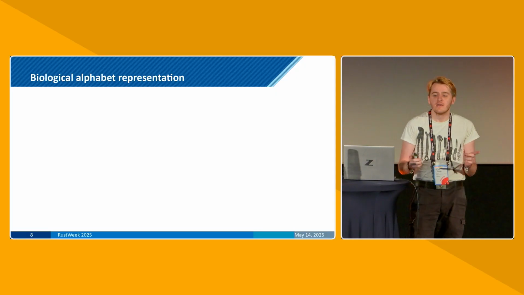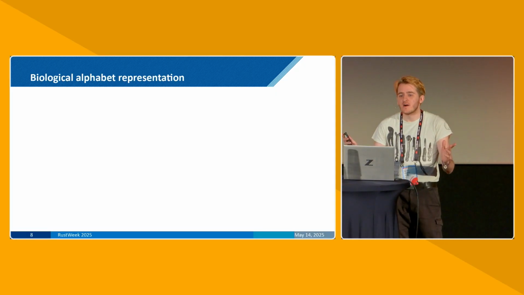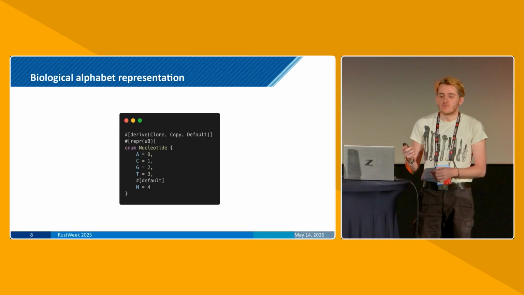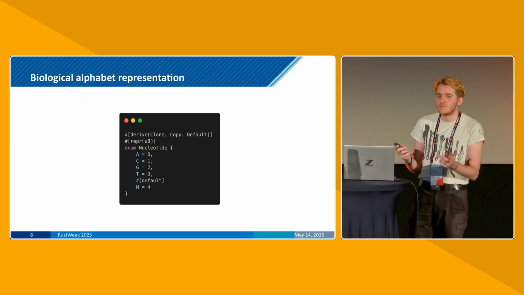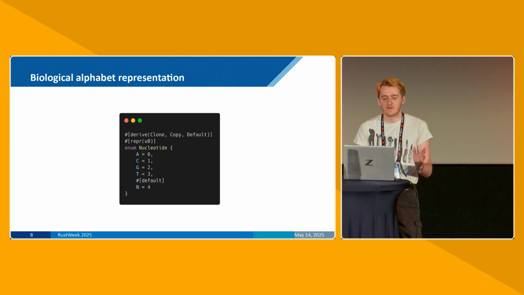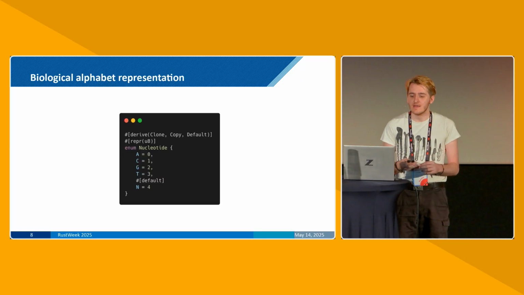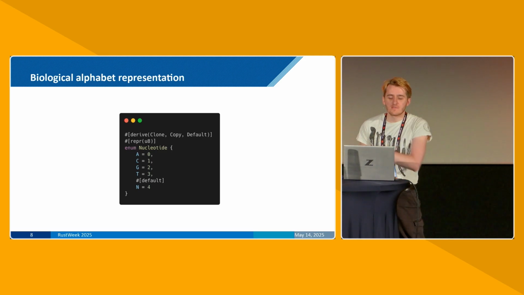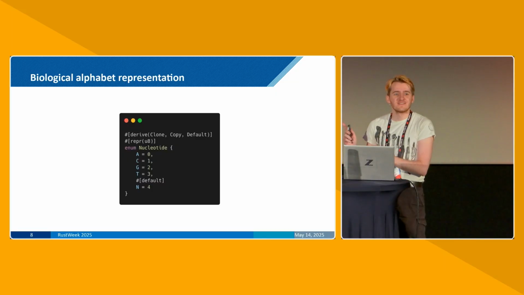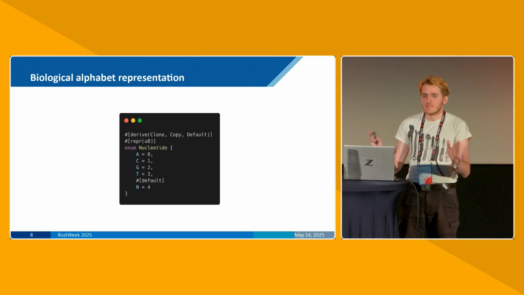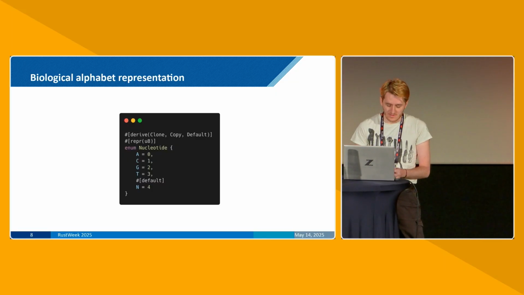DNA is 4, okay, maybe 5 characters if we have a wildcard. So let's have an enum for that. Let's write the nucleotide enum, and here I'm using repr U8, so my enum is a bit smaller in memory. I'm also explicitly putting the numbers. I'm not sure you need to do that, but that's just me being paranoid. And finally, I have a default, which is the N, my wildcard in DNA.